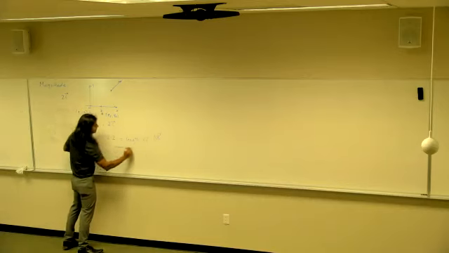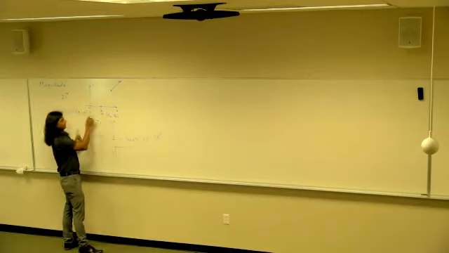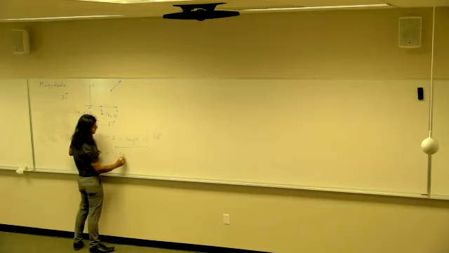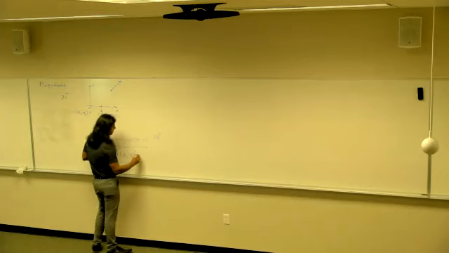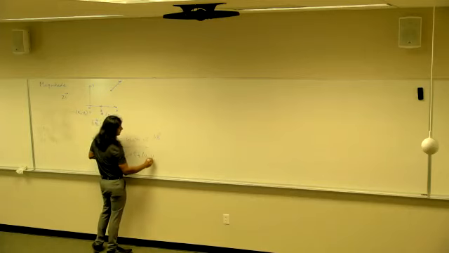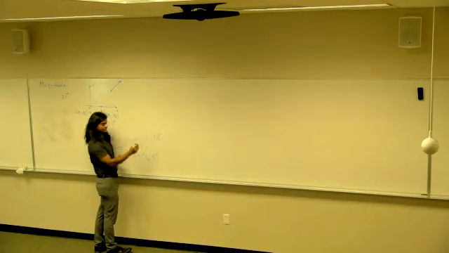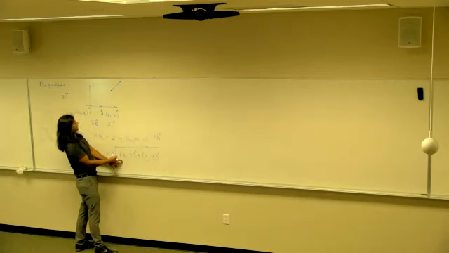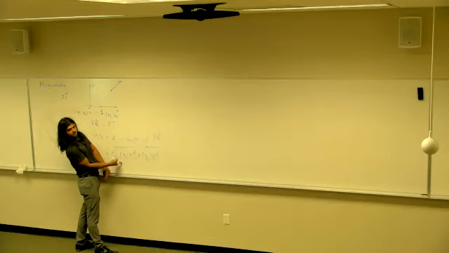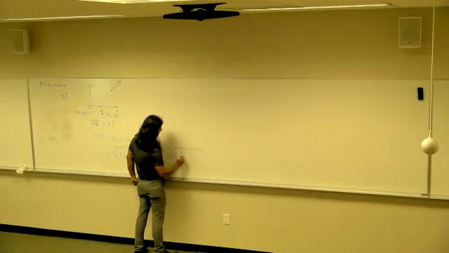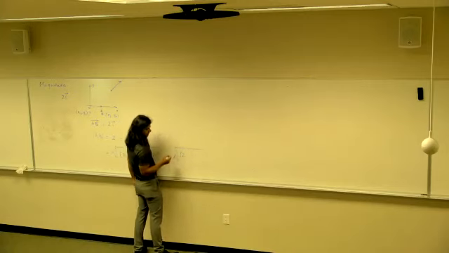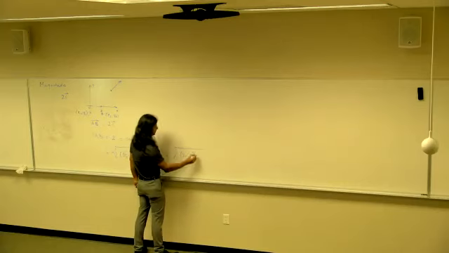Square root of x2 minus x1 squared plus y2 minus y1 squared. X2, you tell me, what is X2? 2. X1, 0.